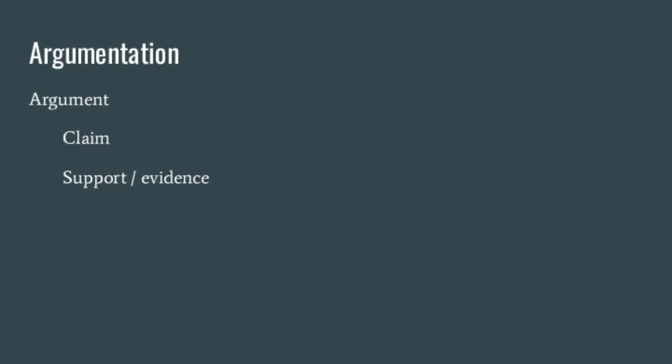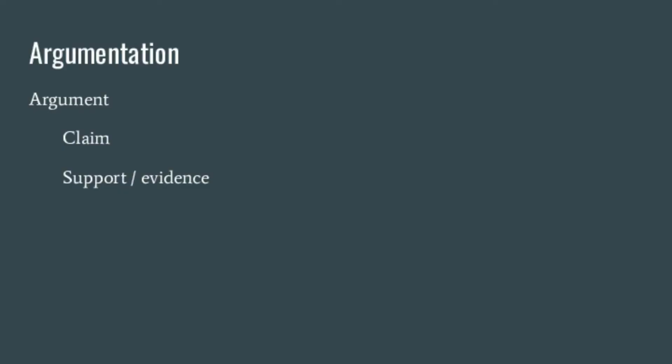Now each argument is going to be developed in at least one body paragraph. And an argument is a claim that you're making to support the thesis. That main argument itself consists of subclaims, claims that support the argument.